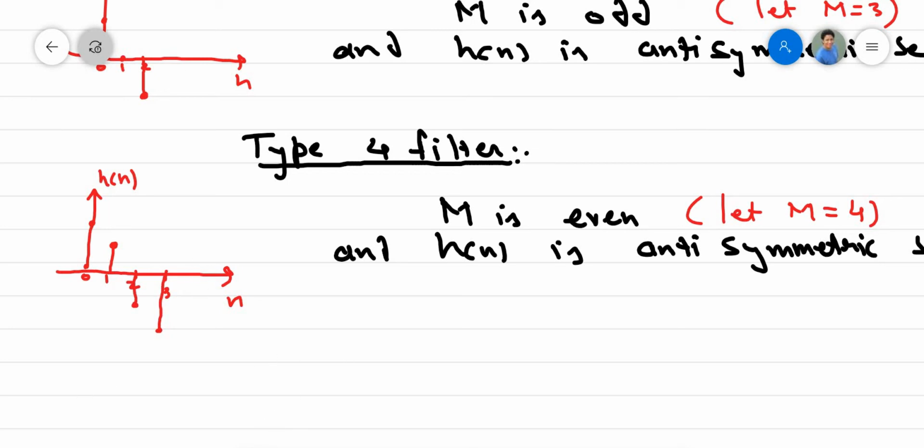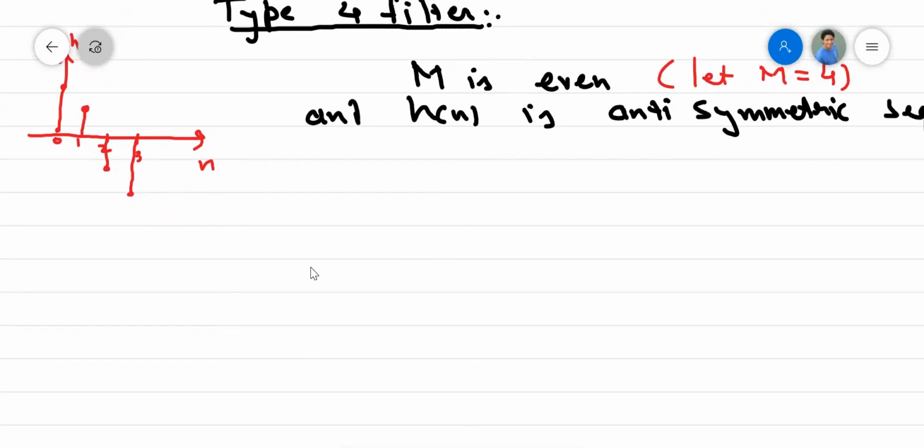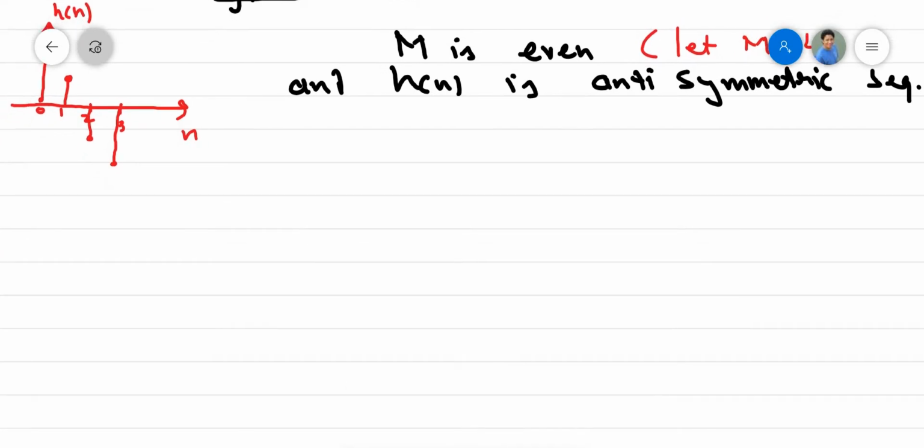Now we want to see the frequency responses of all the filters. Right? This we want. So first, we'll go for the type 1 filter.